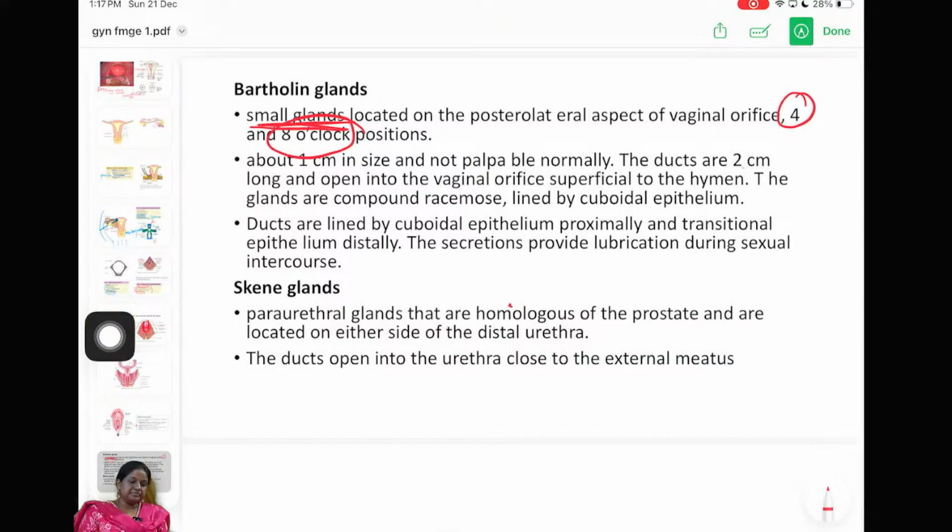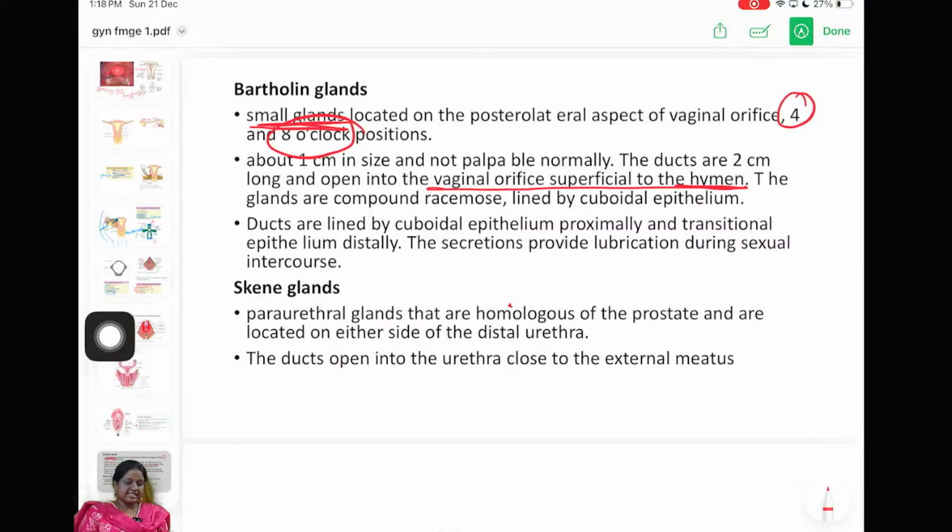The ducts are 2 centimeters long, and they open into the vaginal orifice superficial to the hymen, just near the labia minora, between the labia and hymen, at the 4 o'clock and 8 o'clock positions.